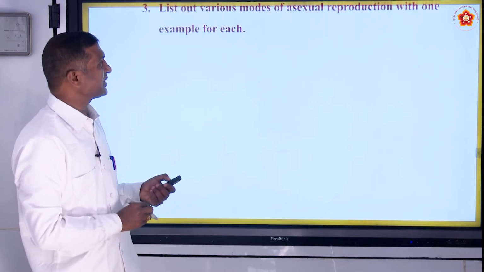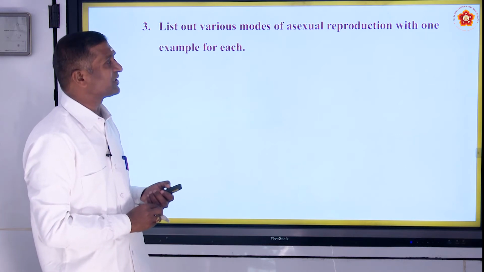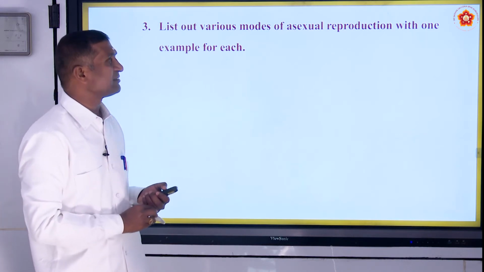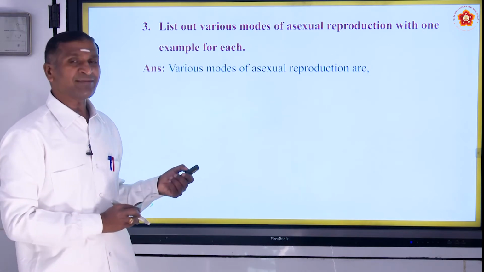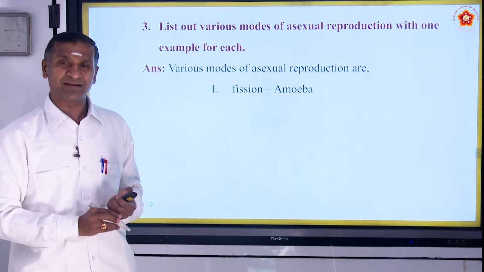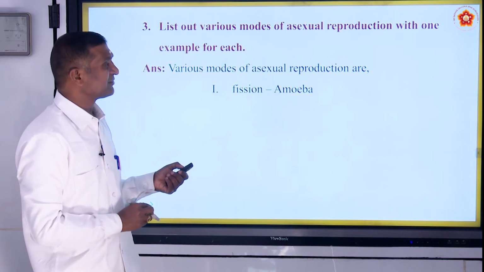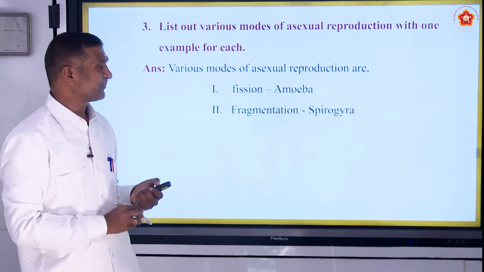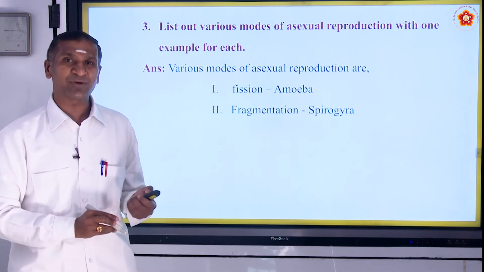The third question: list out the various modes of asexual reproduction with one example for each. According to the 10th standard level, the various modes of asexual reproduction: the first one is fission, an example is amoeba. The second one, fragmentation, spirogyra.